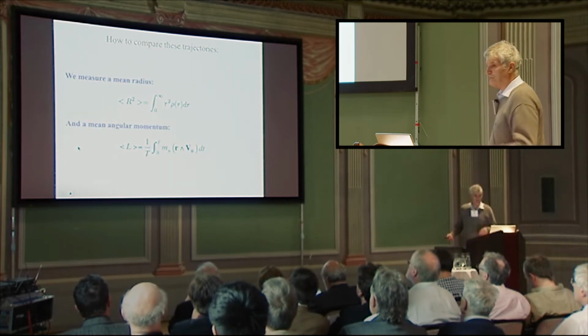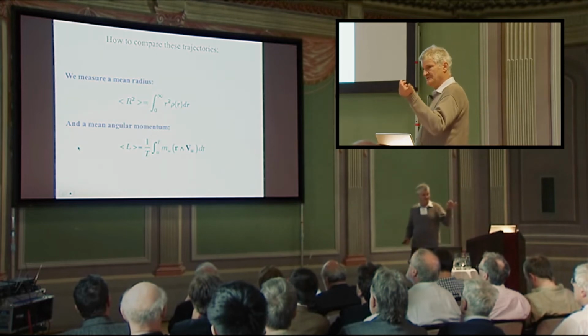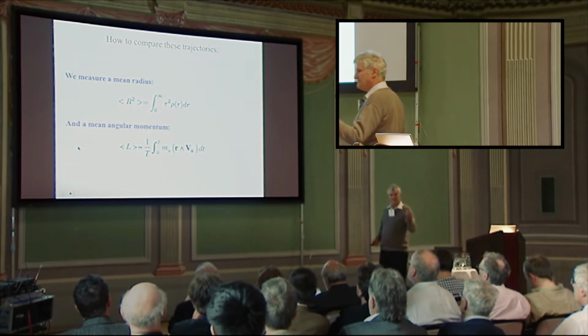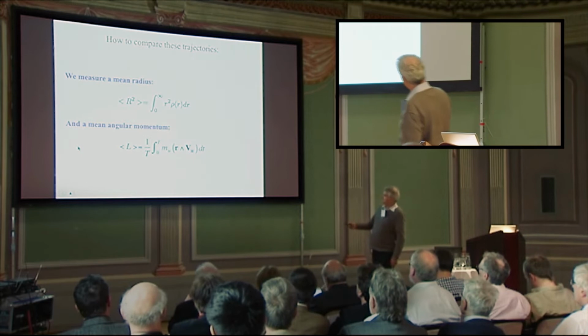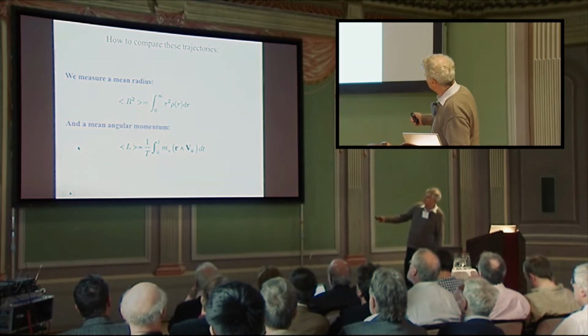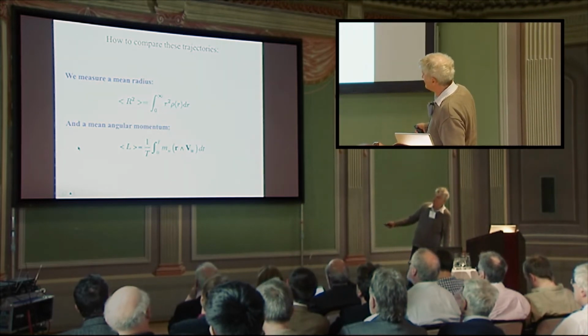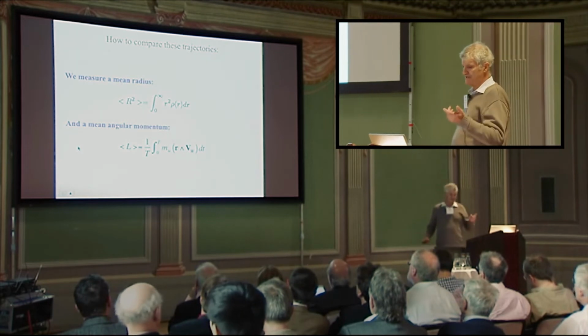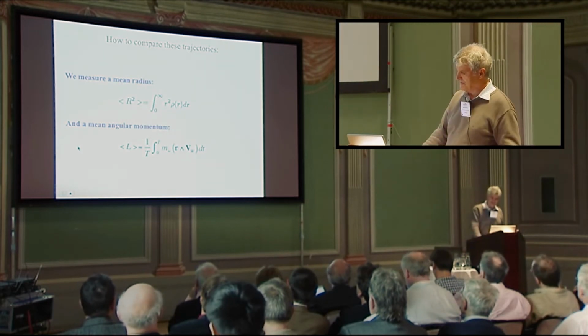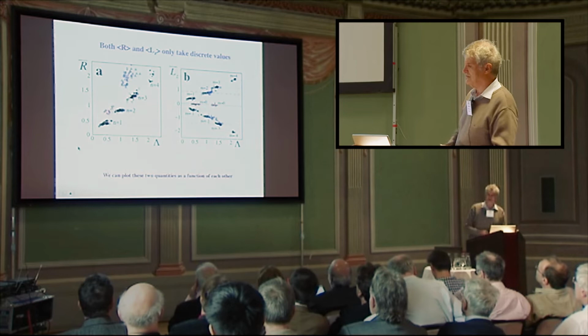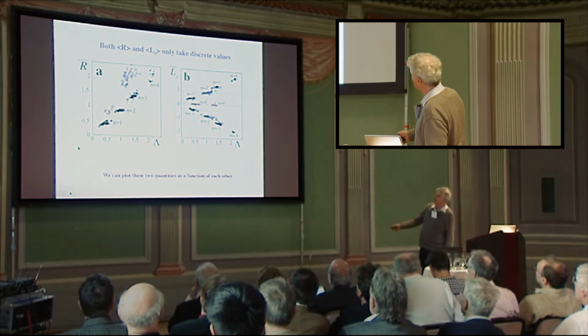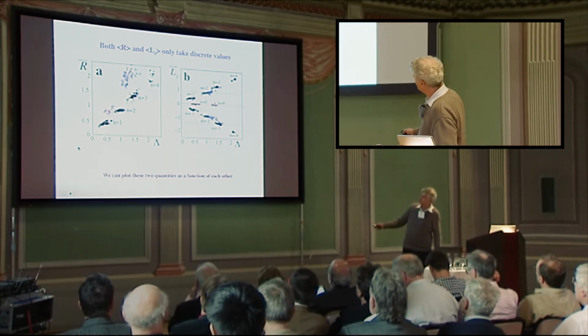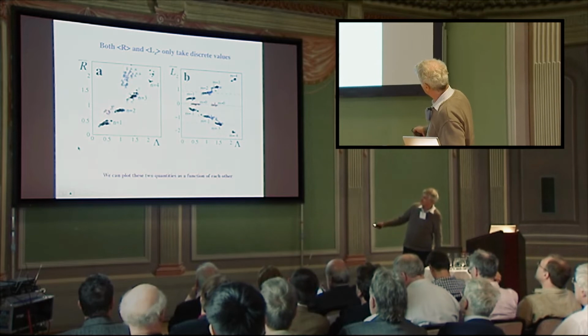Now we want to compare the circular trajectories with the non-circular trajectories. So we measure two things, a mean radius and the mean angular momentum, the average being taken over one orbit. And you look, as a function of the control parameter, at the values of the mean radius and the mean angular momentum.